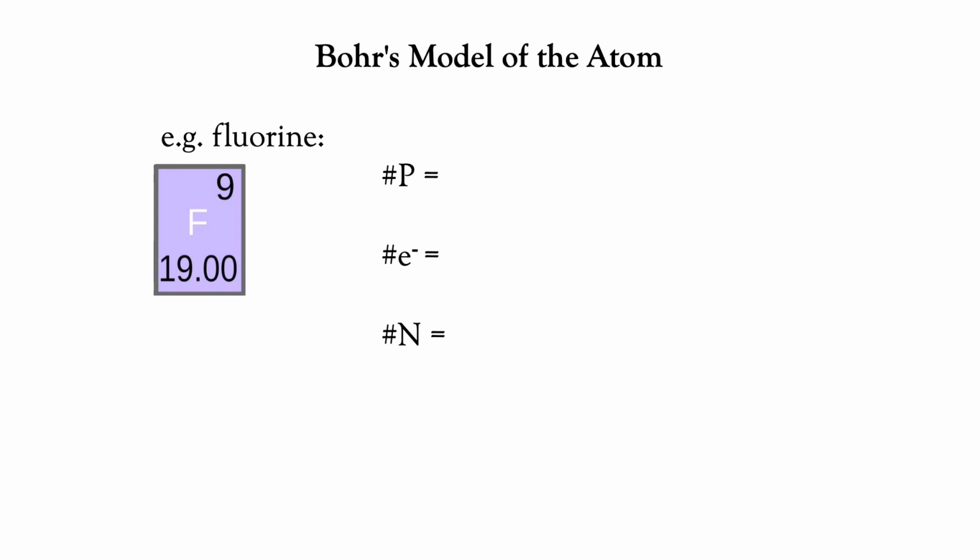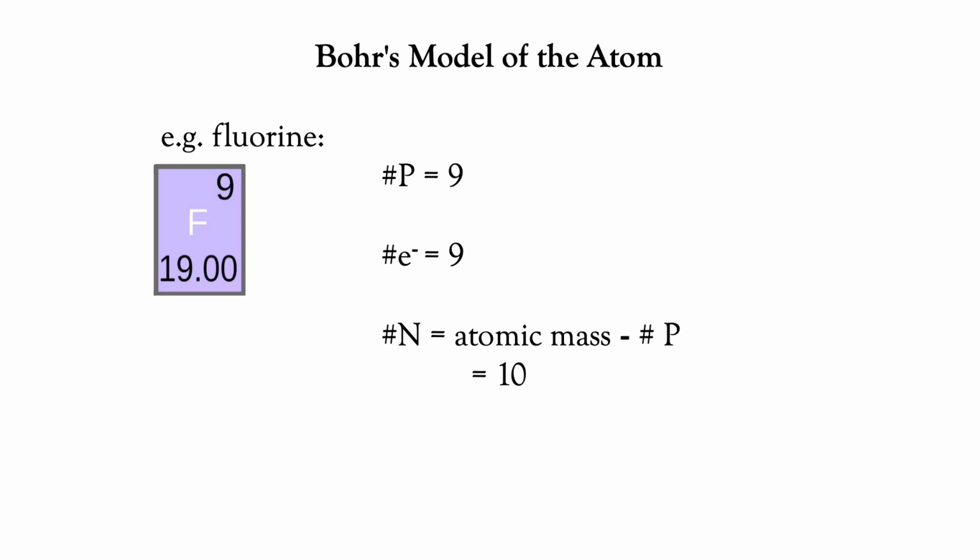Another example is fluorine, which has an atomic number of 9 and an atomic mass of 19. And so the number of protons is 9. The number of protons is equal to the number of electrons, so you would also get 9. And the number of neutrons is obtained by the difference of the atomic mass and the number of protons.